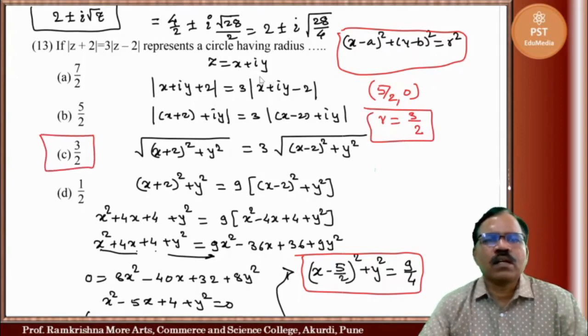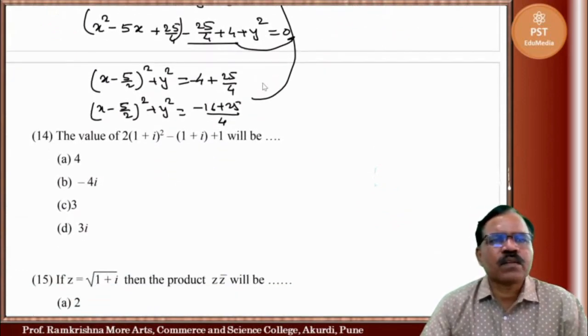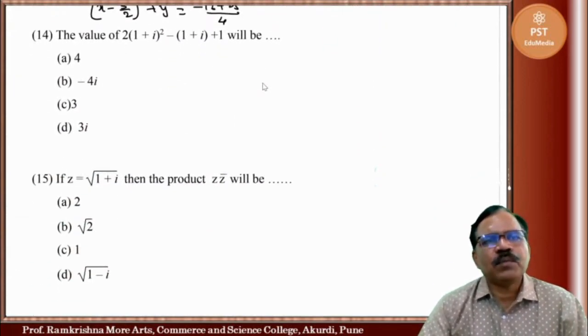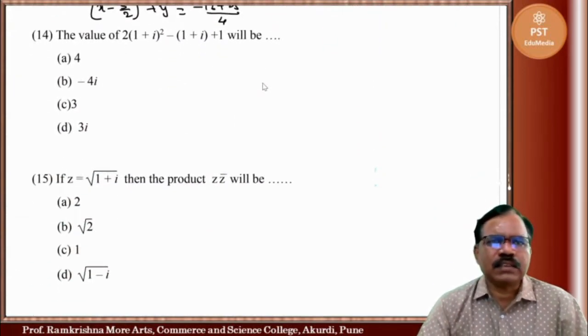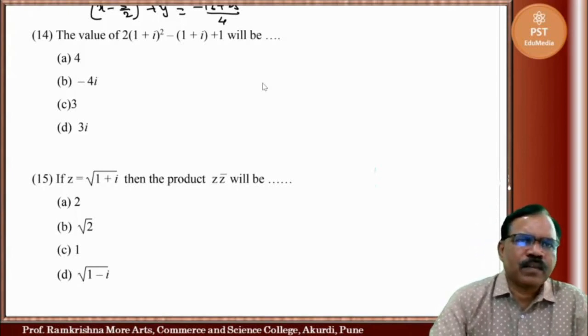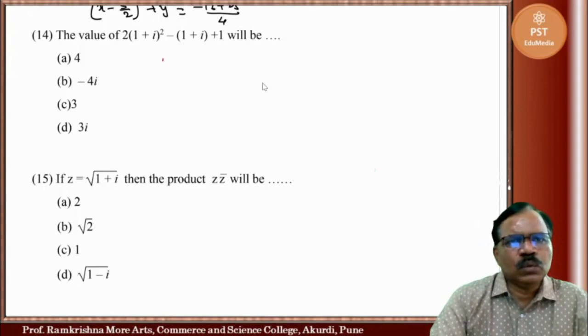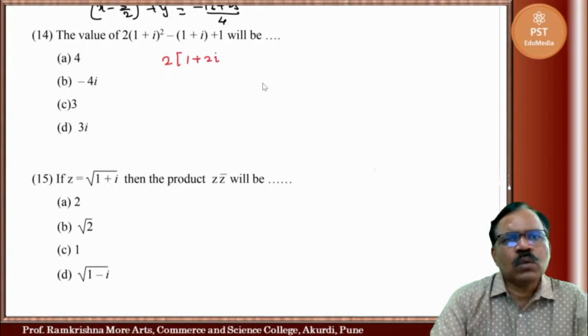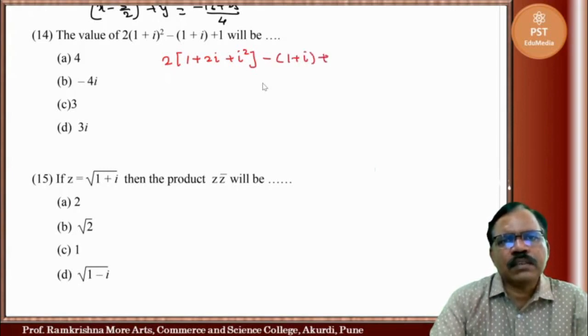Now next one, the value of 2 in bracket 1 plus i square minus 1 plus i plus 1 will be. Now here this is 2, 1 plus i square, I can write 1 plus 2i plus i square minus 1 plus i plus 1.